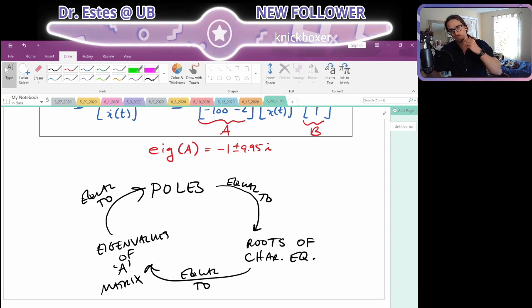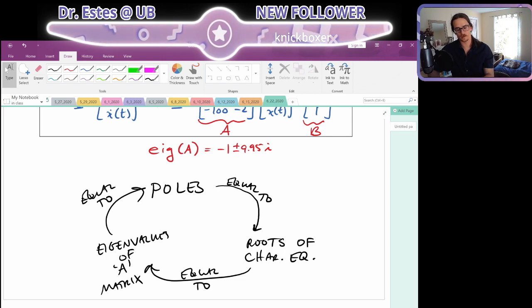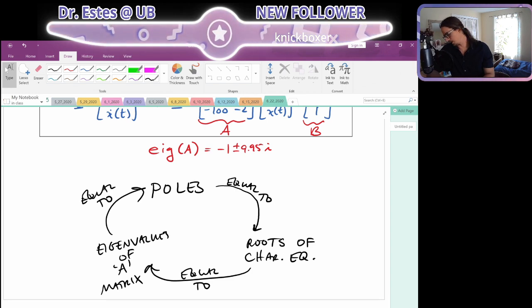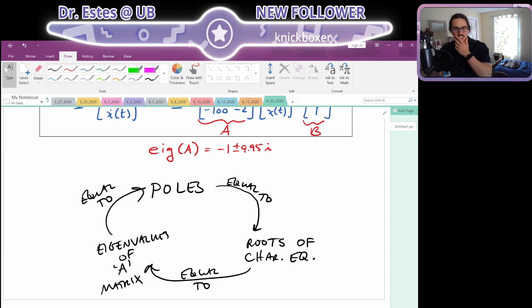I hope one of the takeaways from this course as we look at these different mathematical representations is that you'll be able to see that they're all connected, but some representations that we choose are better in some contexts than others. State space is really nice for simulation. It's really nice, I think, for a clean way of modeling and representing a complex system.